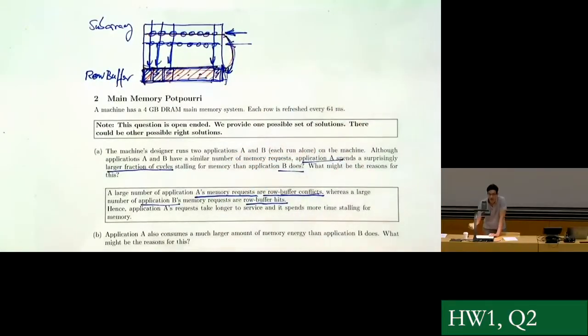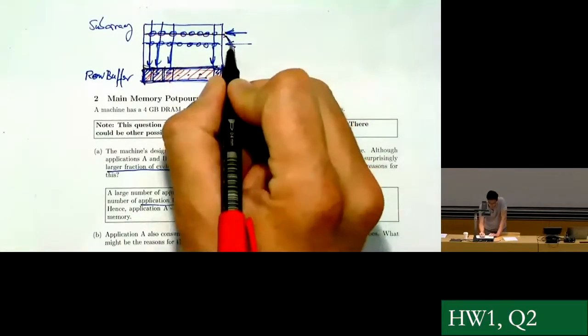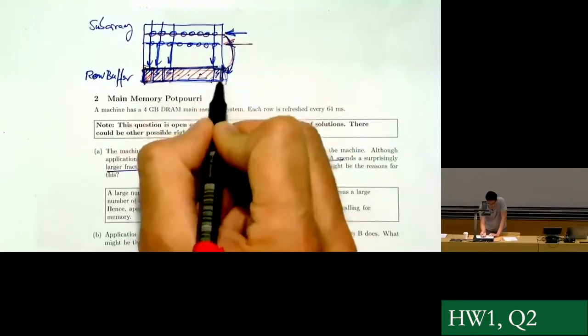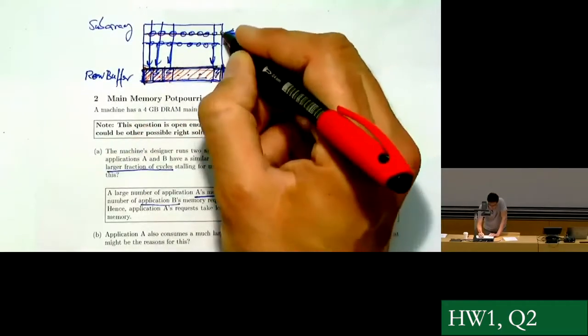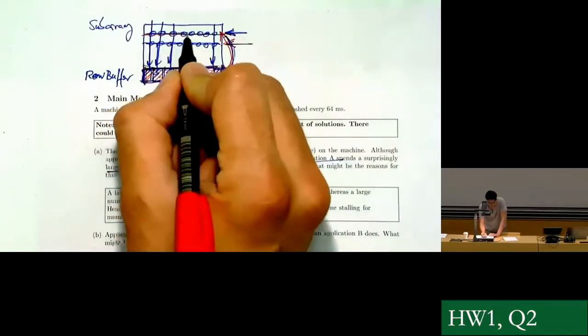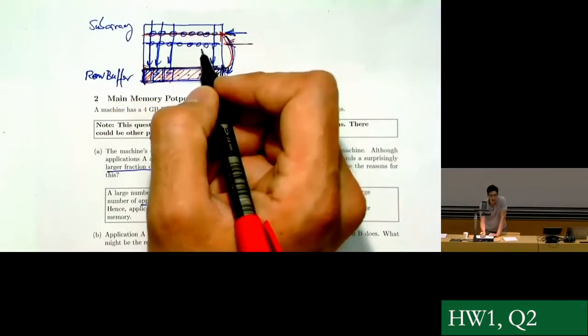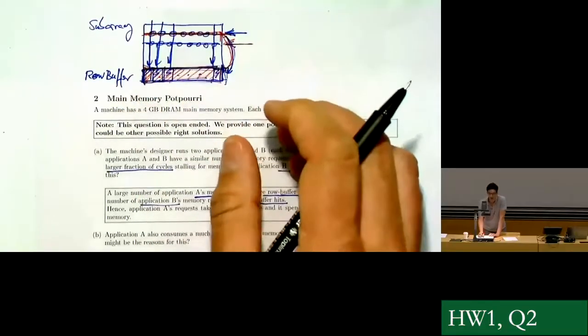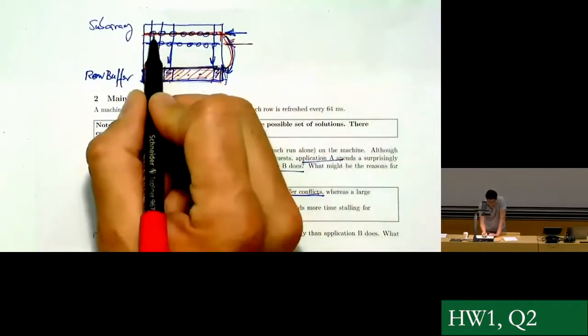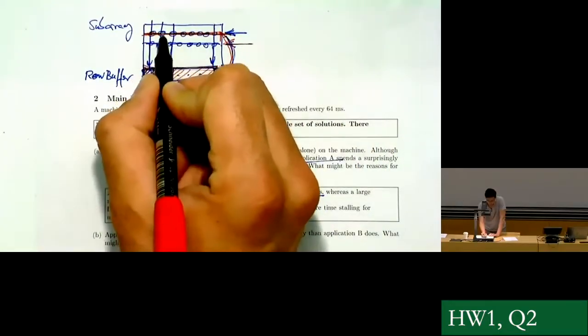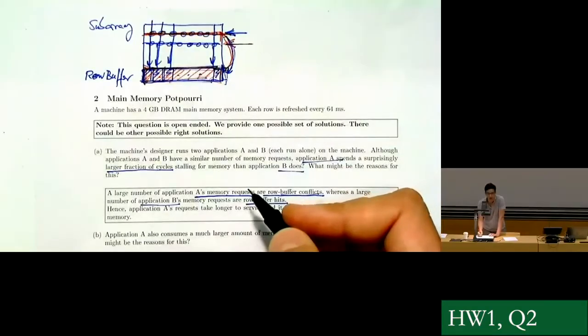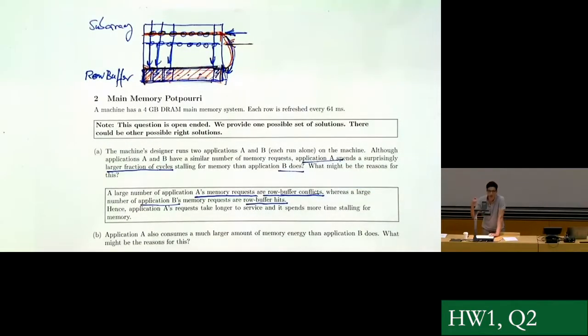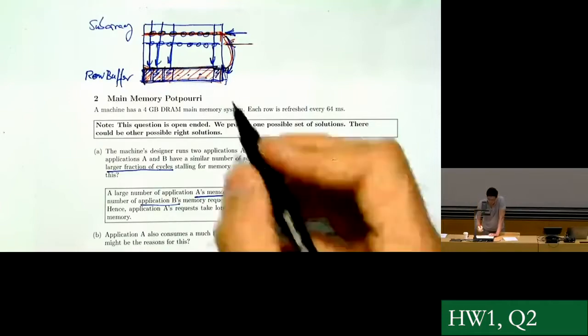When the application needs to access another row and this row is replaced, it will be moved back, pre-charged to the original row of DRAM cells. As soon as the row is back in its original row, these cells are completely refreshed, so the charge of the capacitors is full.